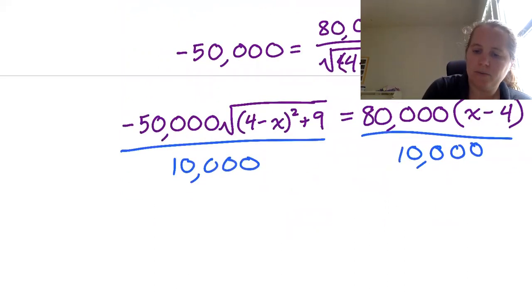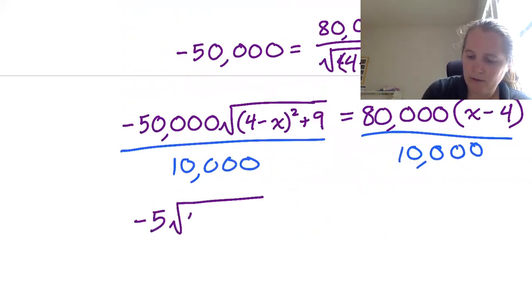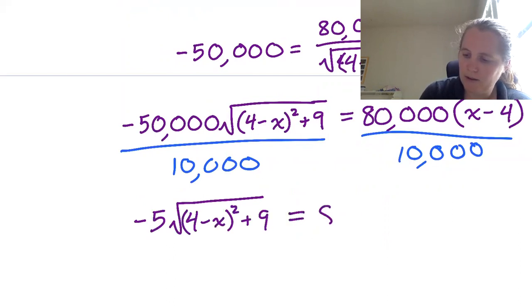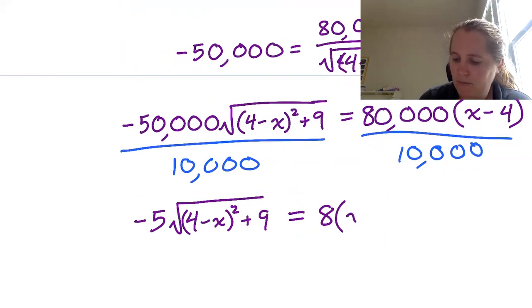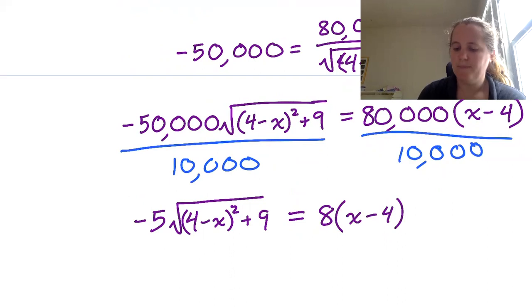And so this becomes negative 5 times the square root of (4 minus X) squared plus 9. And on the right side, we just have 8 times (X minus 4), or 8X minus 32.